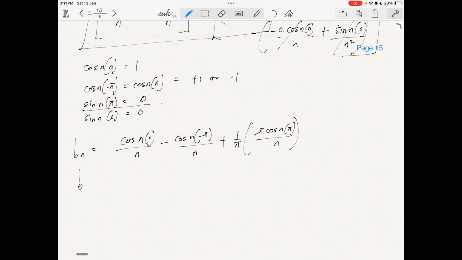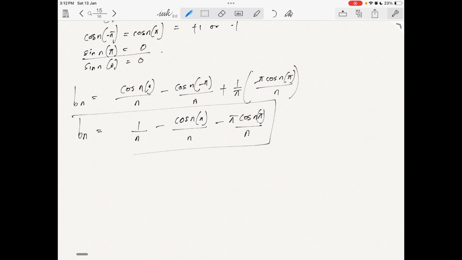So simplifying further, we have Bn is equals to cos n of 0 is 1 over n minus cos n of minus pi is cos n pi according to even function, and this will have minus pi cos n pi over n.